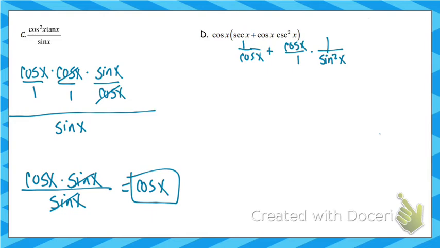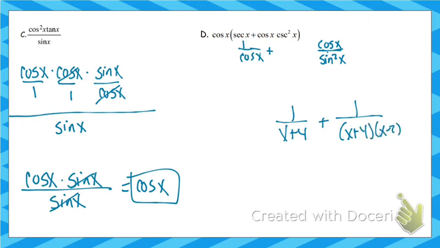Okay, so since these two terms on the right are multiplied, I can just write this as cosine over sine squared. And then what we're going to do is actually add these two fractions together. Well, in order to add fractions together, you have to have a common denominator. So this is going to take you back to Algebra 2, whenever you had things like this, and you had to add them together. You had to get that common denominator and combine them together. Well, that's what we're going to do here.